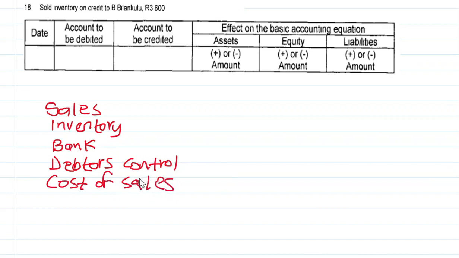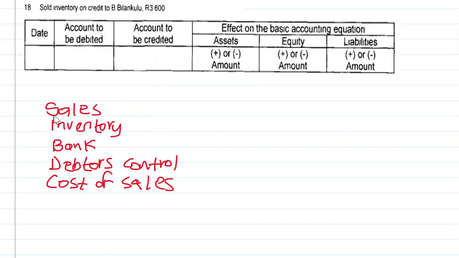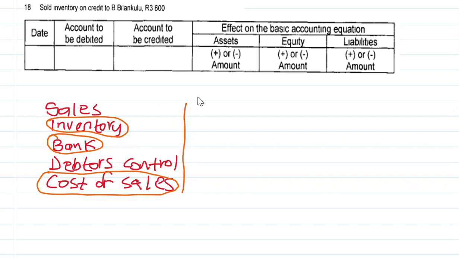You must bear these in mind. But now in our transaction here, we will only record two of them. The others are not affected at the moment, because we are just given the sales amount.